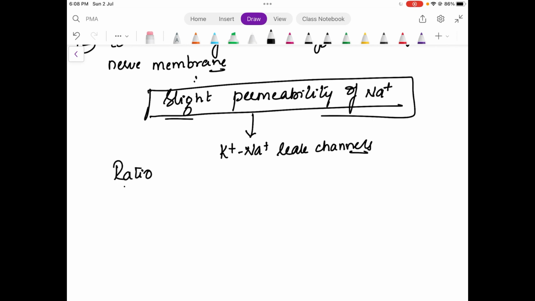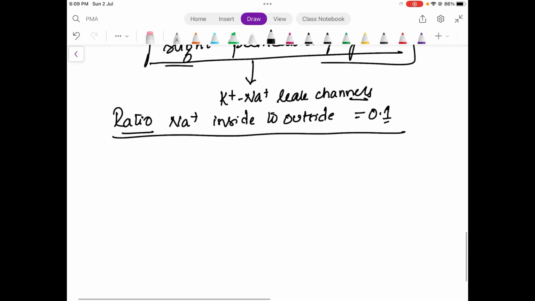and the ratio of sodium ions inside to outside is 0.1. Normally inside the membrane we have less sodium, and outside the membrane we have more sodium, and the ratio is around 0.1.